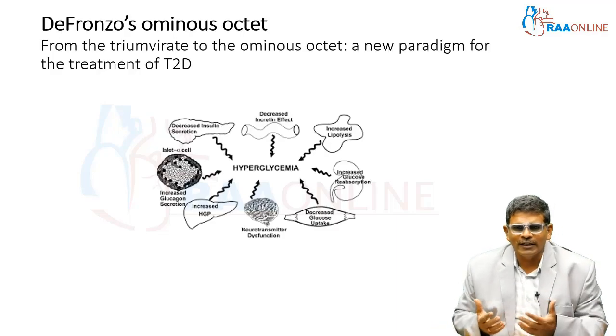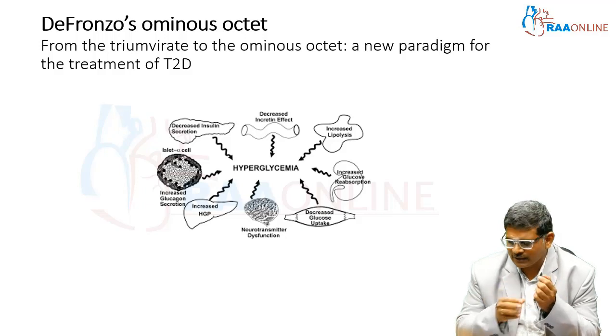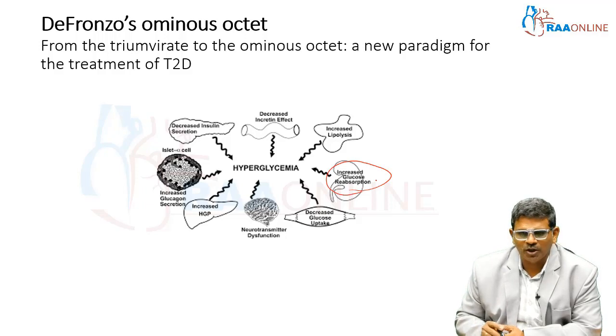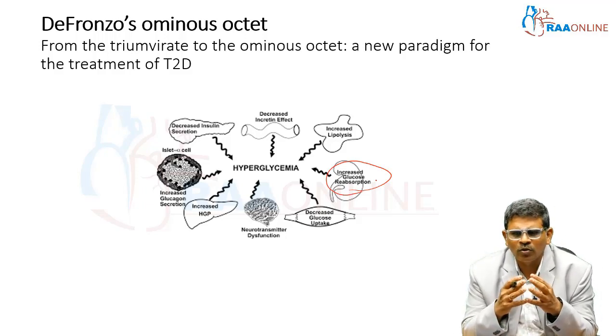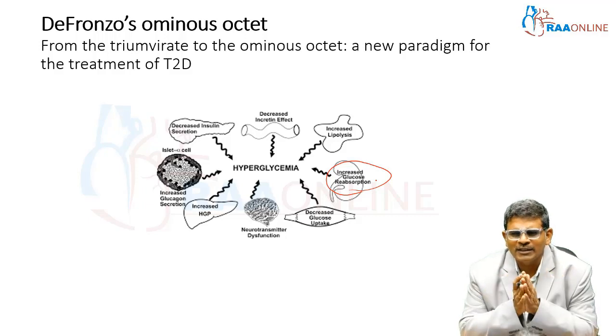When we talk about SGLT2 inhibitors, this is the famous ominous octet, when the pathophysiology was moving from 3 things to 8 things. We always had this increased glucose reabsorption, but we were not discussing it till about 2011 or 2012, apart from a passing mention.